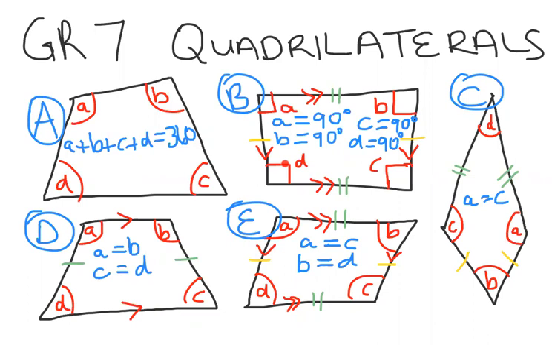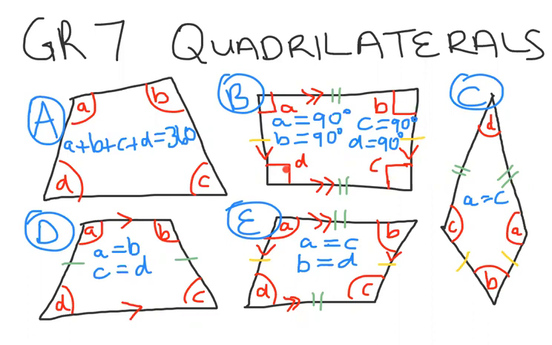If you see something like this, where it's showing 90, it's showing these 2 lines are the same, the yellow, the green, and it's showing the two lines over here are parallel, and also these two are parallel. If they give all of that, then the rule is that all the angles equal 90. So A equals 90, B equals 90, C equals 90, and D equals 90. Right? So that's for diagram B.